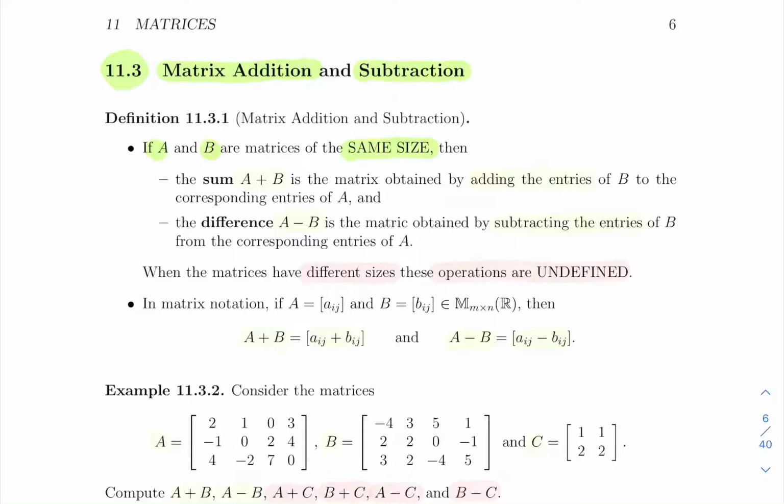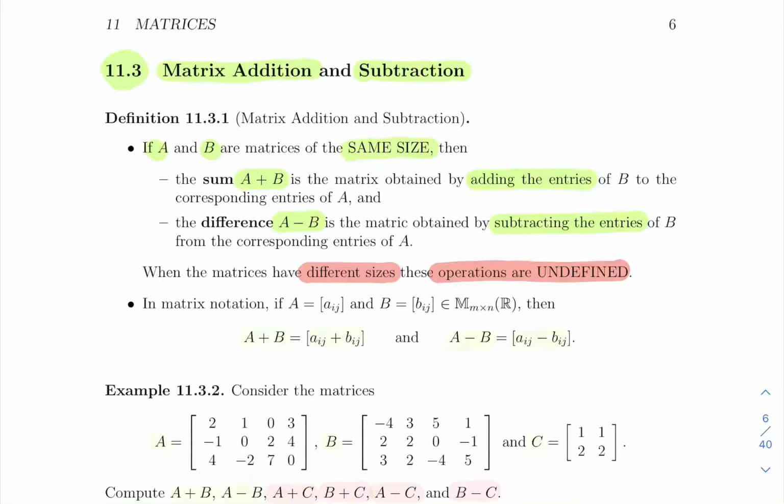Then you can compute the sum A plus B just by adding the entries together. You can also compute the difference between A and B just by subtracting the entries. And if they have different sizes, then we simply say that these operations are undefined.